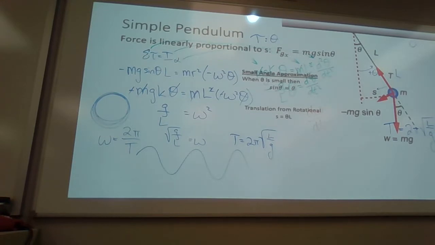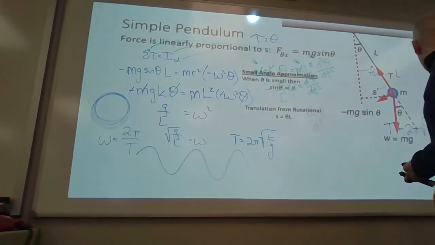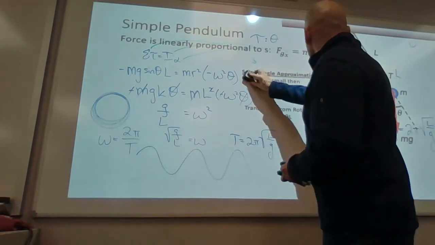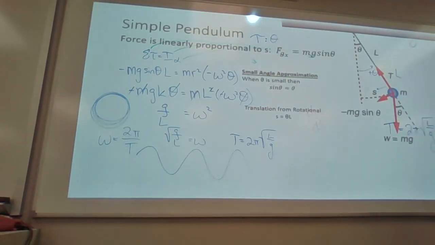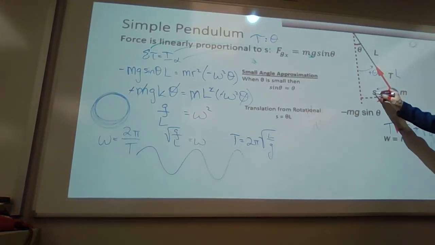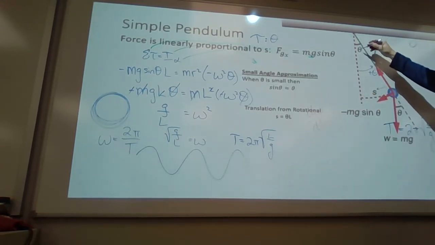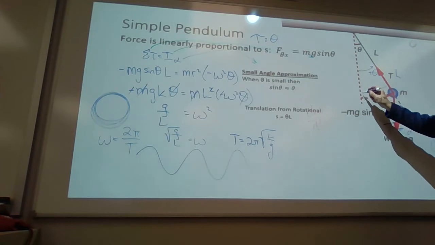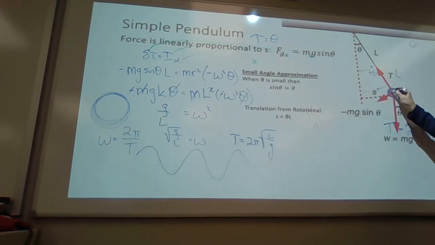The killer with this is that they not only do the small angle approximation, they also make an approximation where they say the displacement is s, this arc length is s, and that's equal to theta times L. And then they say if it's a small angle, then s and x are pretty much the same thing.